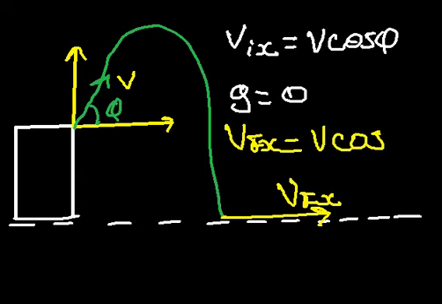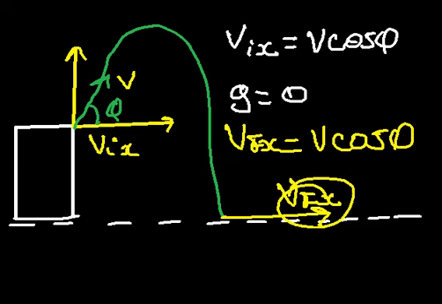In other words, velocity along the x-axis does not change. Therefore, the initial velocity along the x-axis is the same as the final velocity along the x-axis, and the reason is that along the x-axis the object is having zero acceleration, hence it is moving at a constant speed.